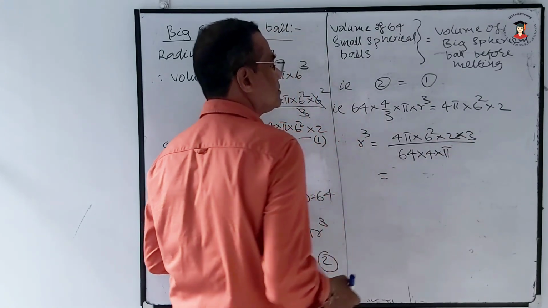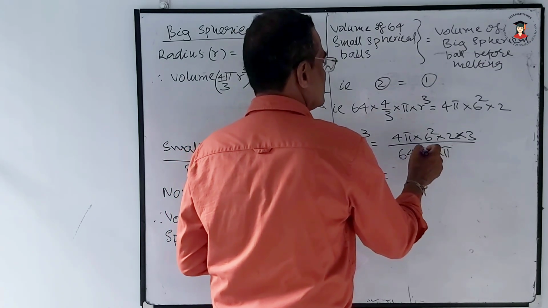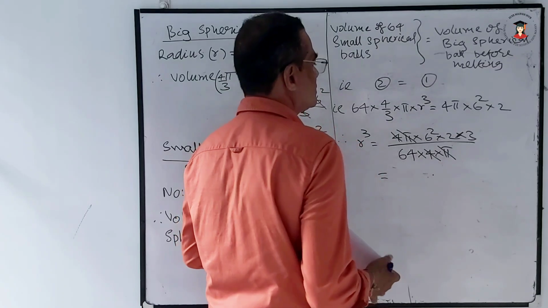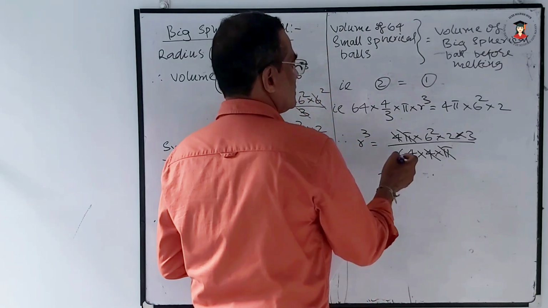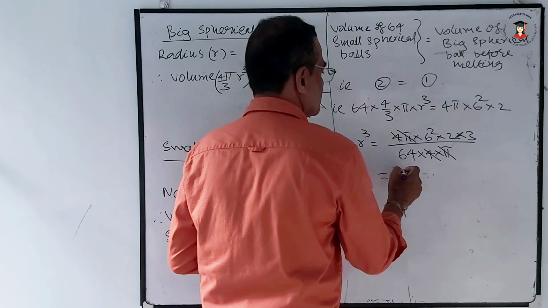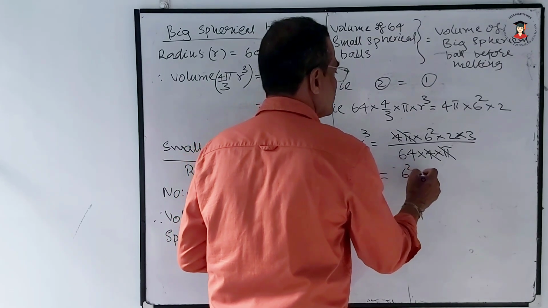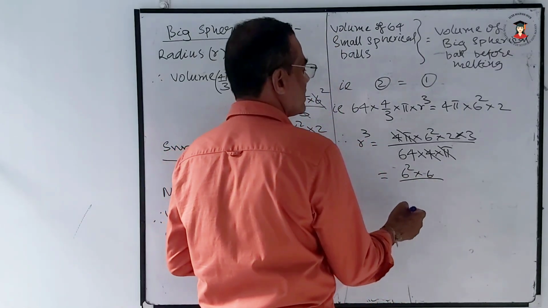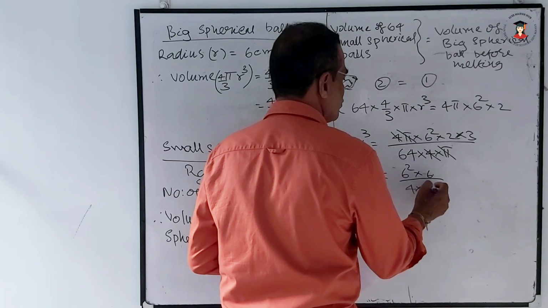This is equal to, this 4 and 4 will go, pi and pi will go. So what is remaining is 6 square into 6 divided by 64, which can be written as 4 into 4 into 4.